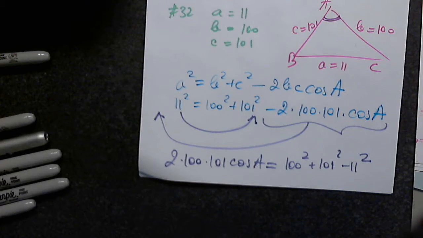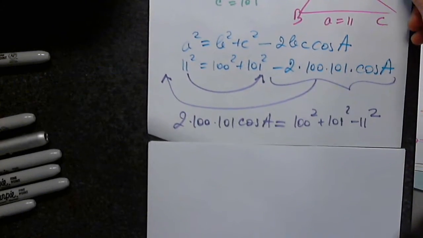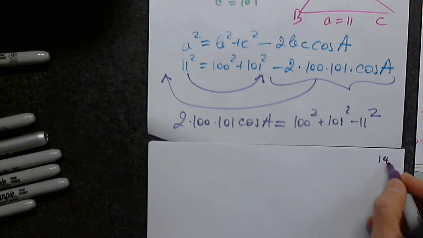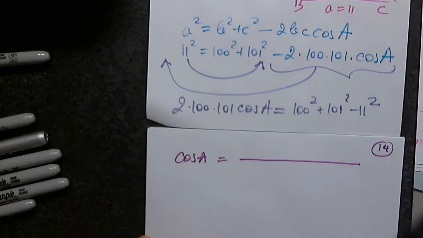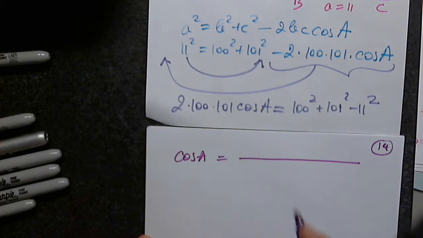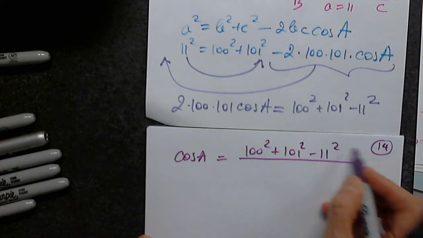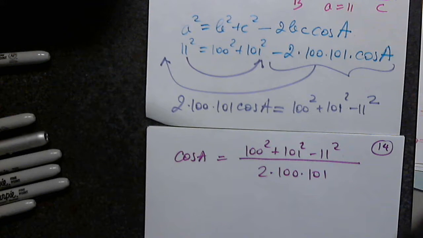What do you think I'm going to do next? I'm going to solve for cosine A. Exactly. Thank you. And put the whole thing at once in the calculator. Do not chop it up. You're going to introduce a lot of error in the problem. Parentheses are on the top, parentheses are on the bottom.